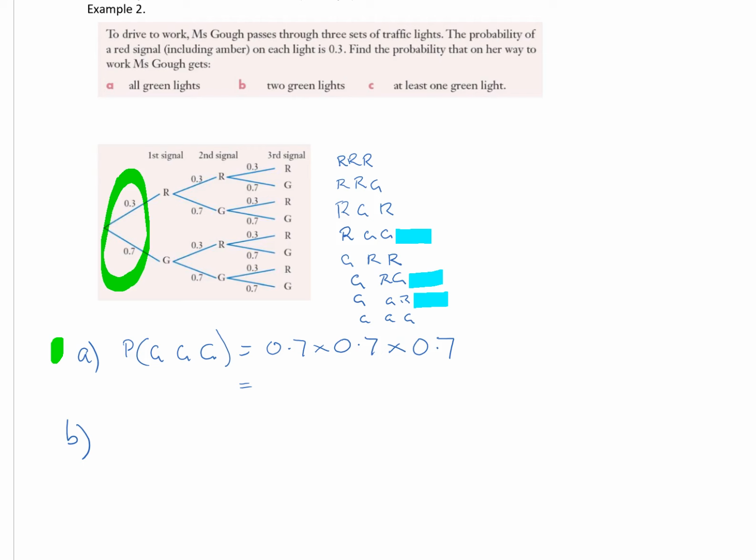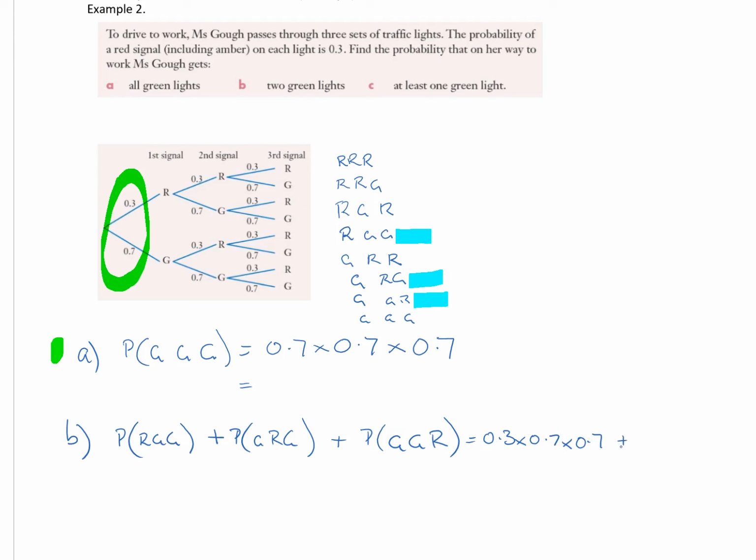So our sum will look a little bit like the probability of the red, green, green, add the probability of the green, red, green, add the probability of the green, green, red. What would the probability of a red, green, green be? A red is 0.3, and then a green is 0.7, followed by another green, 0.7.